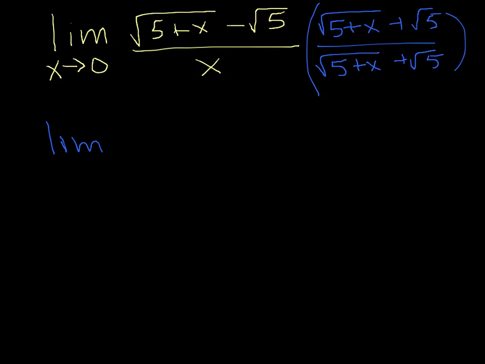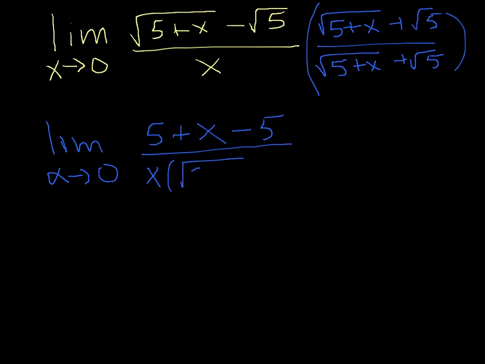So we will have the limit as x approaches 0 of 5 plus x minus 5 divided by x times the square root of 5 plus x plus square root of 5.